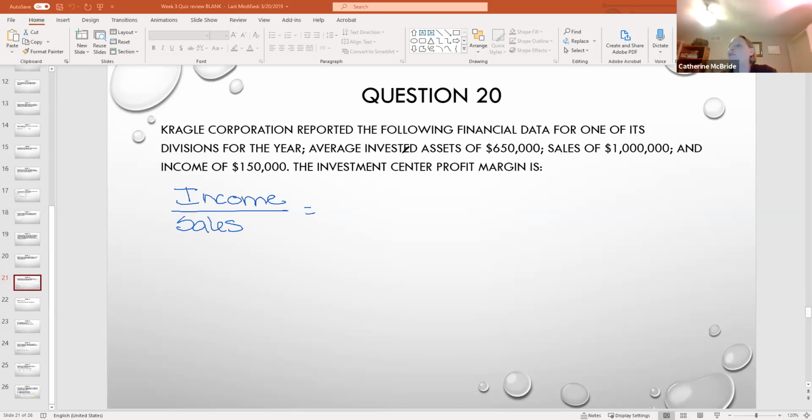So average invested assets are 650,000. That's nice, we don't care. Sales of 1 million. So we'll put 1 million on the bottom. And income of 150,000. So we'll put that on the top. So it's 0.15 or more appropriately, 15%.